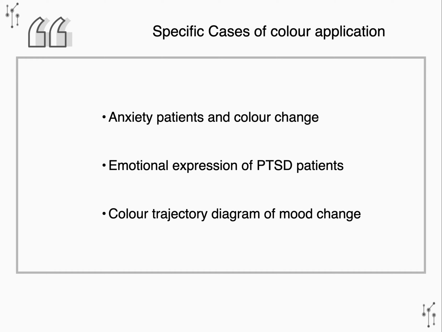For people who have anxiety problems, we have the following therapeutic process. Under the guidance of the therapist, the person should gradually experiment with warm colors such as yellow and orange, which are believed to have positive and present psychological effects.